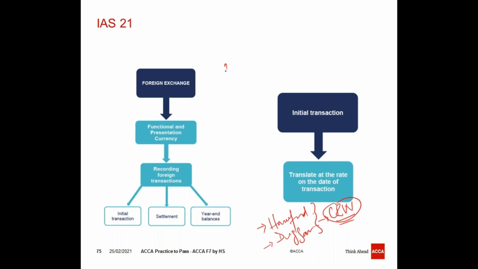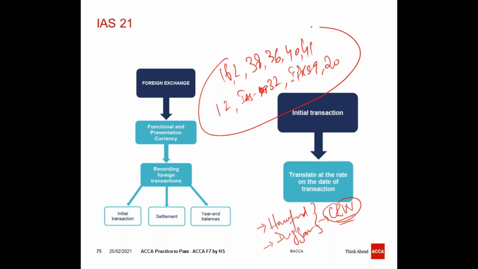We have covered IS 16, IS 2, IS 38, IS 36, IS 40, IS 41, IS 12, financial instruments, IS 32, IFRS 9, IS 20. These are the standards that we have already covered. So all you need to do is practice from the Kaplan kit, or you can select the BBP kit for these standards from section A and section B. So that's the plan for 24th of February.